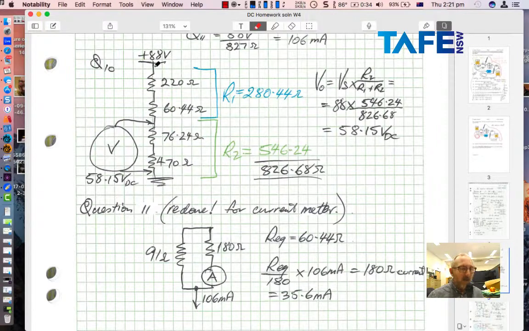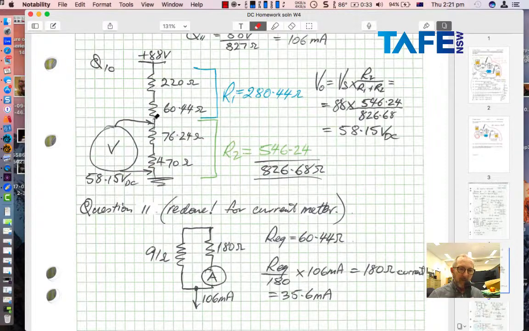Again, this is actually easier to work out if I'd read the question right in the first place, because I've got a current coming down here of 106 milliamps. And then I can simply multiply that current by the 76.24 ohms, and then that would give me the voltage across that resistance. What I've done, I've used the voltage divider rule again.